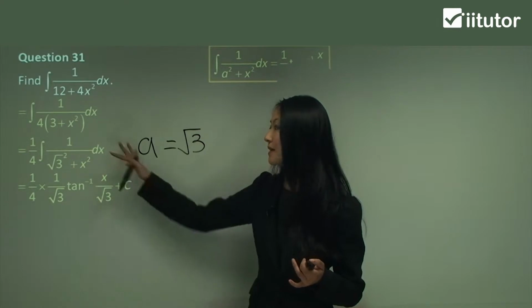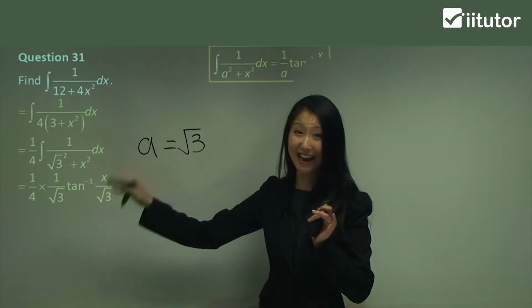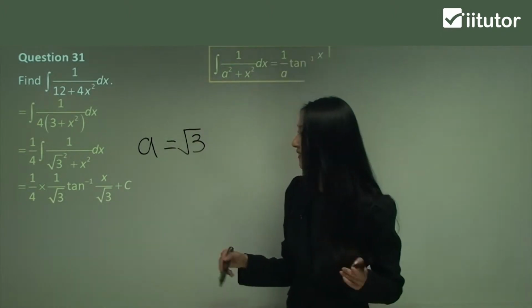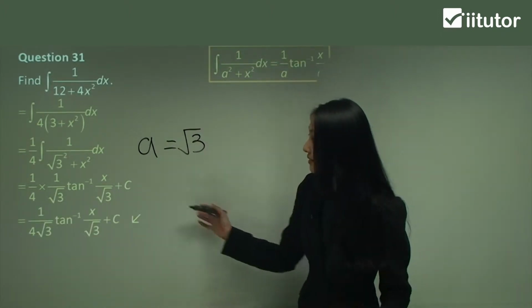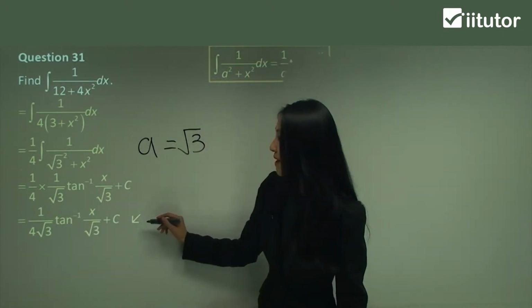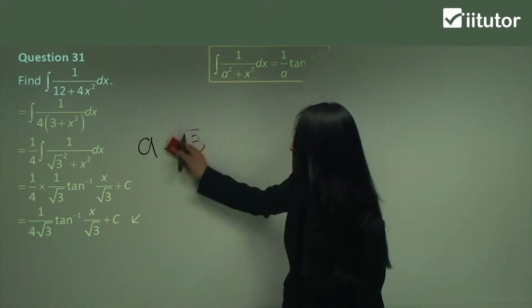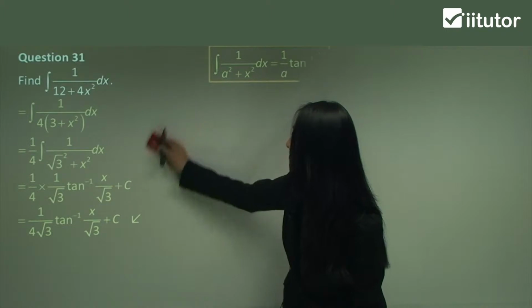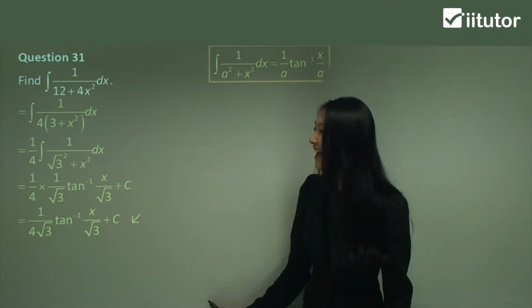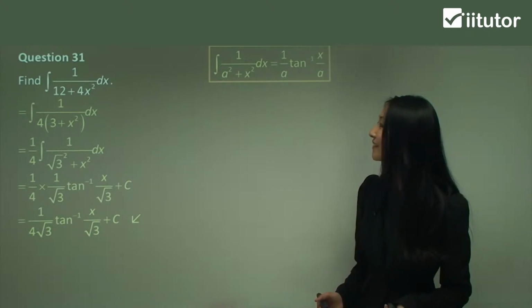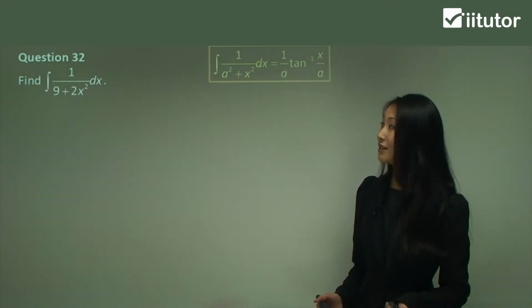A lot of times, because there's so much work in here, you forget about the fraction you put out the front, so just be careful with that. And we can just put that all together and always remember plus c at the end, yeah? So it is quite simple. I think by now, because we've done quite a few of these questions, it really is just getting familiar with the different formulas. All right, have a look at question 32 now.